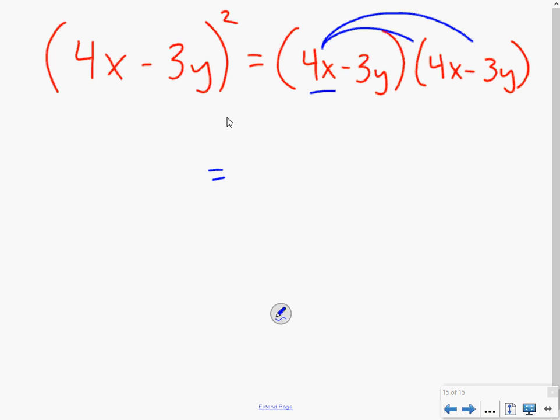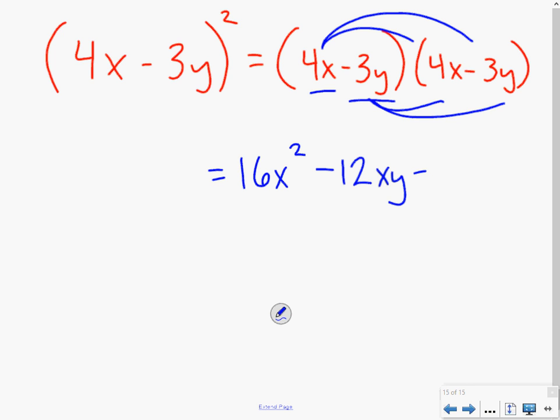Okay, 4x times 4x is 16x squared, and then 4x times negative 3y. The 4 and the negative 3 multiply to make negative 12, and when x and y multiply together, it just becomes xy. Take the negative 3y, distribute, we get another negative 12xy, and a plus 9y squared.